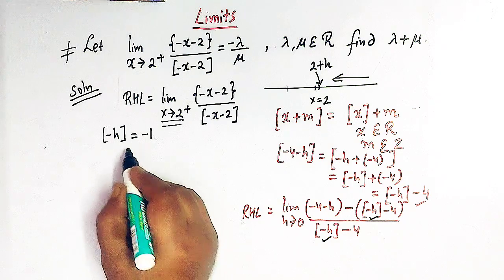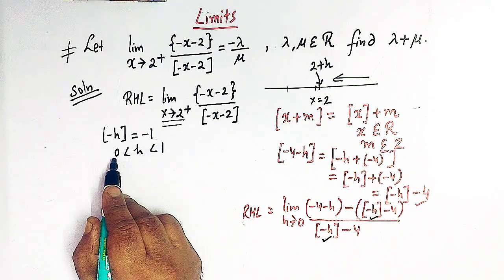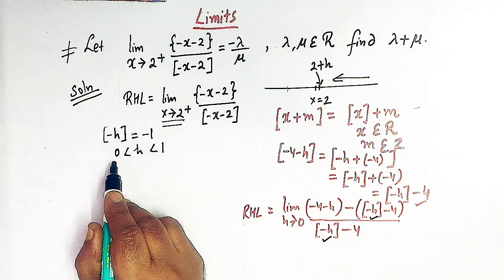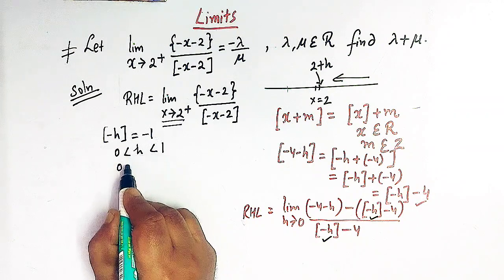Why? Because h lies between 0 and 1. If we multiply this inequality throughout by minus 1, the direction of the inequality gets reversed.